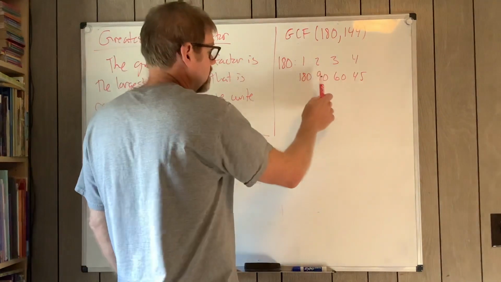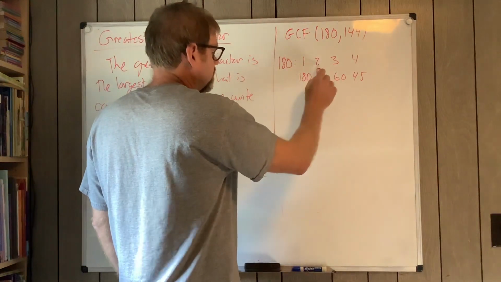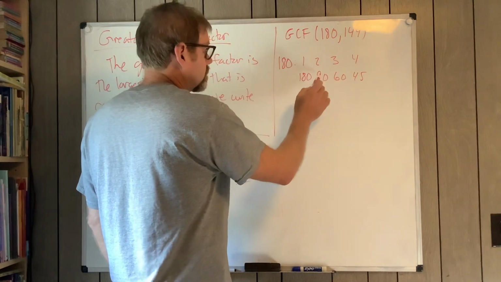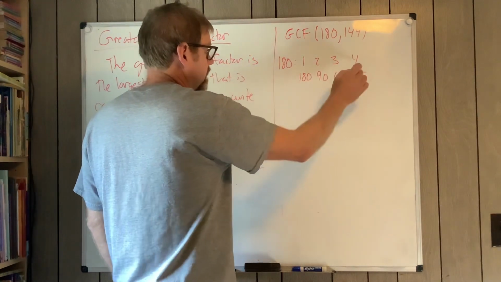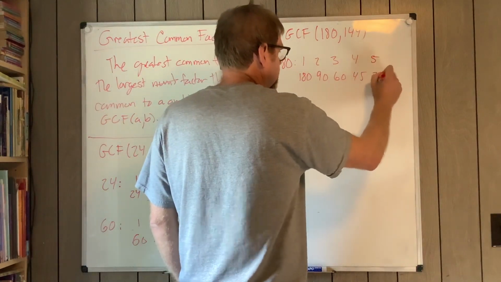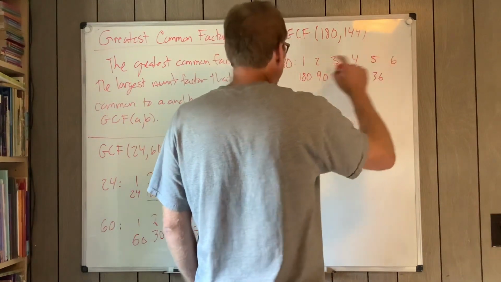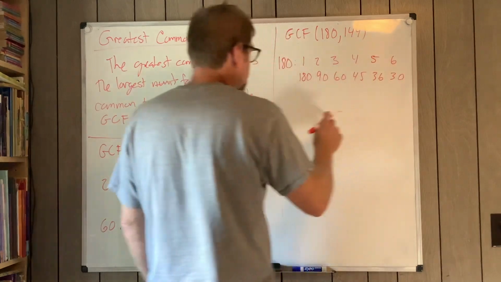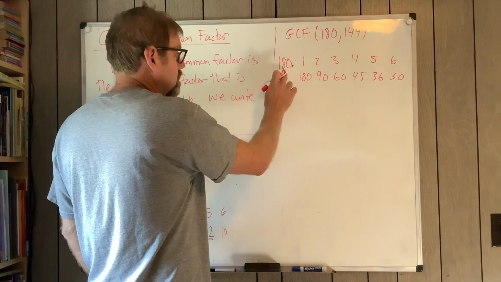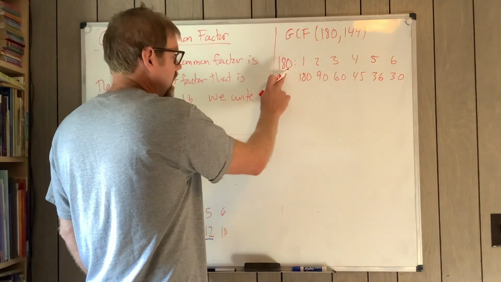One way to see this is, since 180 is 2 times 90, I can transfer a 2 from that to that. 5 goes in 36 times. 6 goes in 30 times. 7 doesn't go. I don't believe 8 goes.